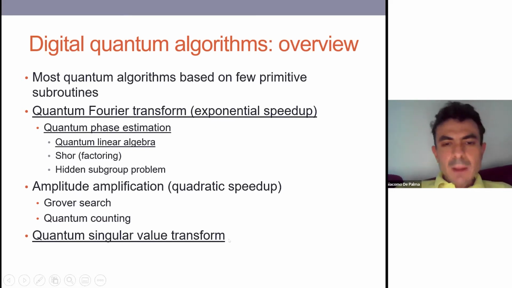Finally, the last fundamental subroutine that I will talk about is what is called the quantum singular value transform. This is a very recent result, the initial paper is from only 4 years ago, while the Fourier transform and amplitude amplification are results from the 90s.